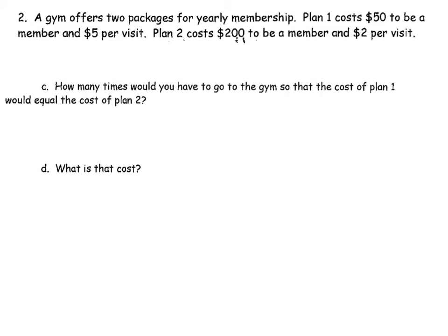Part C. How many times would you have to go to the gym so that Plan 1 equals Plan 2? What equation should I set up so Plan 1 equals Plan 2? 50 plus 5x equals 200 plus 2x. Cool, let's solve it.